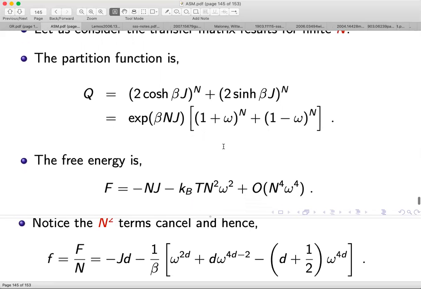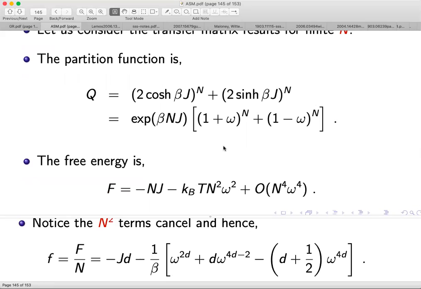We can also solve the partition function by just writing it as, no wait. This is the exact partition function. You expand this, it is 1 plus n omega plus omega squared term, and this is 1 minus n omega plus omega squared term. The term linear in omega cancels, right?